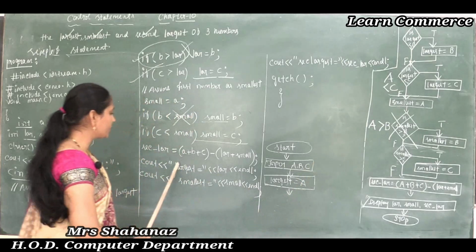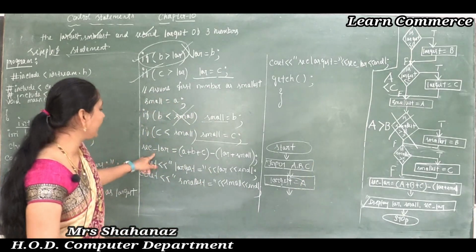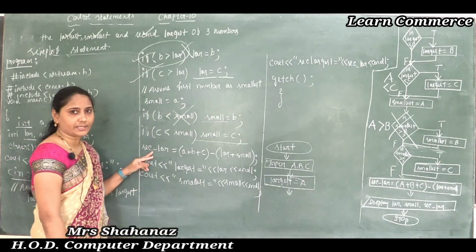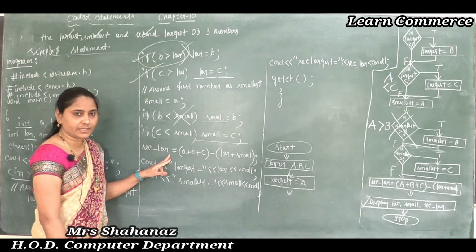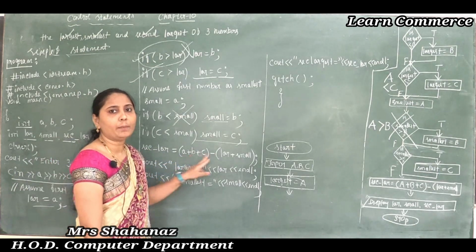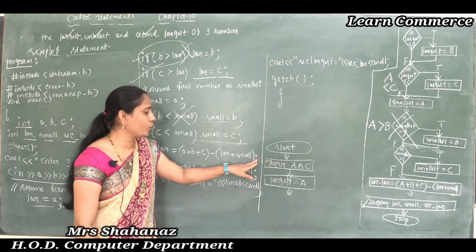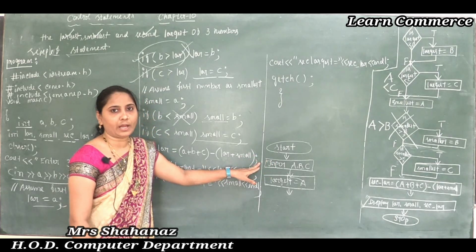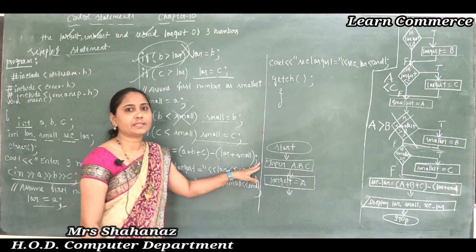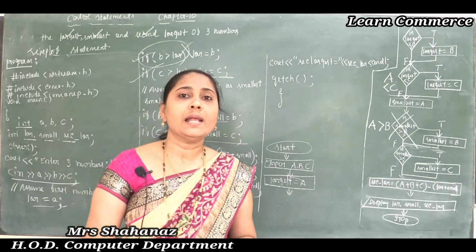So second largest is equal to a plus b plus c minus, open parenthesis, large plus small, closing of the parenthesis, semicolon. As you should know, every statement is going to terminate by using the semicolon.